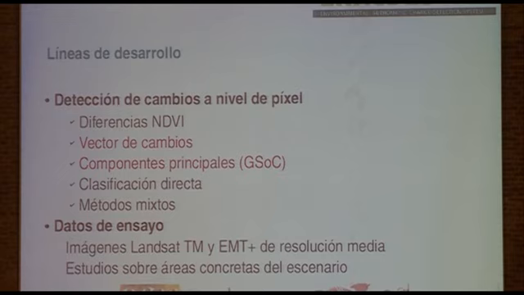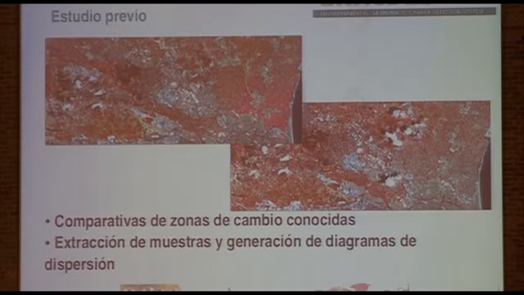This is what we've been using at the beginning, and the clip that you will see is related to that change reader. We have also been using the Landsat TM images, and we have been focusing on very concrete study areas. And now I will show you a few images so that you can understand the tool much better.